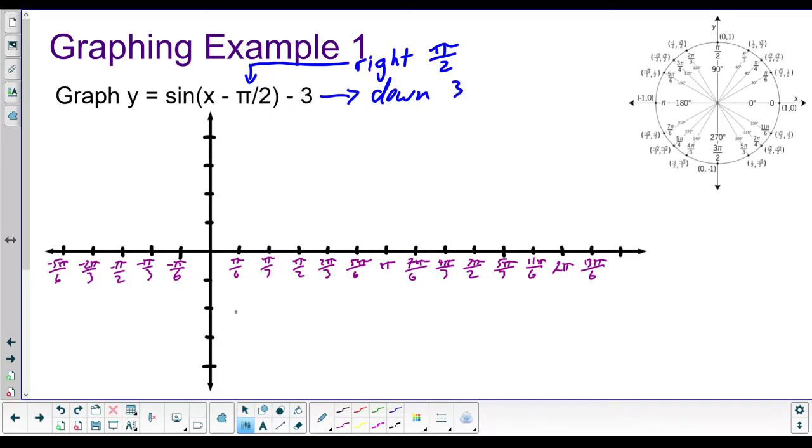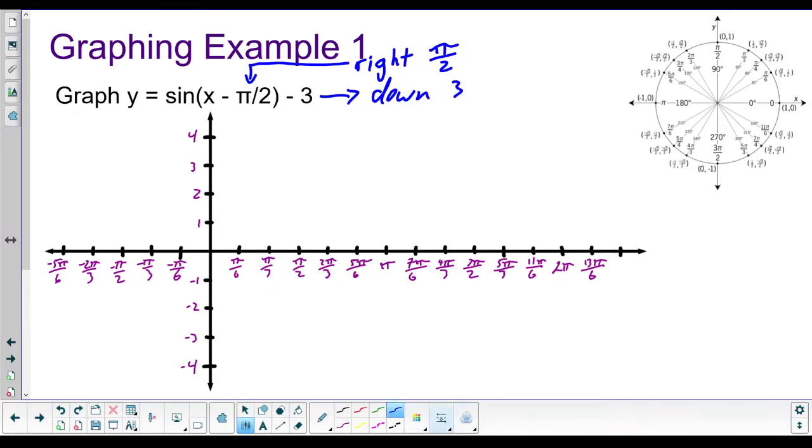Because my graph isn't necessarily going to be set up, if I do it with the half, negative 1, negative 1.5, negative 2, I'm not going to have enough room. So let's label our y-axis in terms of 1 this time. So we'll have 1, 2, 3, 4, negative 1, negative 2, negative 3, negative 4.